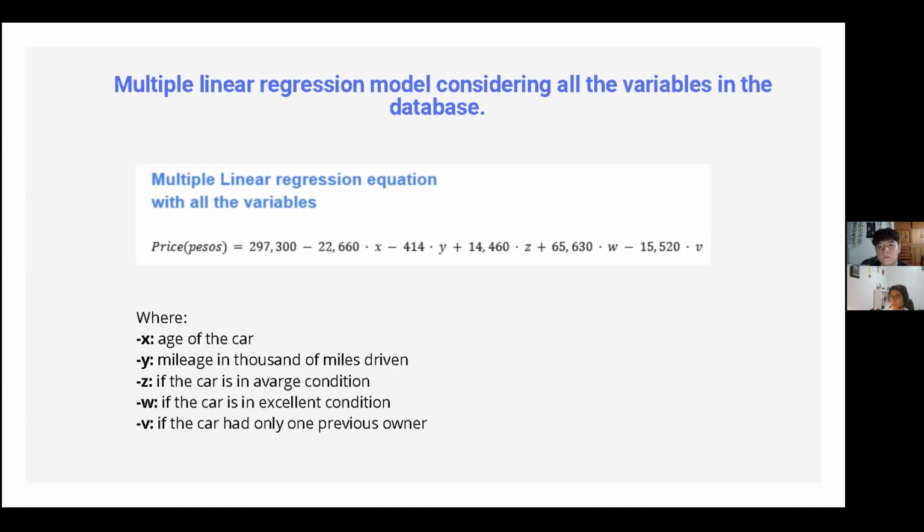What this tells us is that being in excellent condition adds 65,630 pesos to the car's value. That is a big impact. Average condition adds a smaller amount, while having only one previous owner actually decreases the price slightly, but it's not statistically significant.